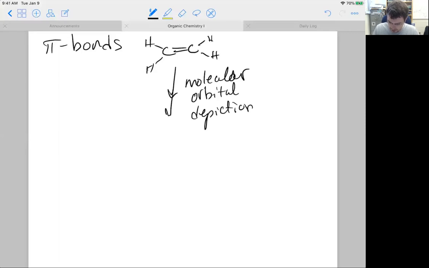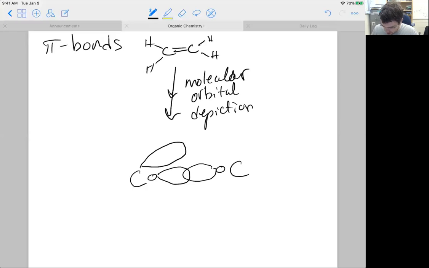So a molecular orbital depiction of this is very similar in one respect to the previous drawing. It's very similar in that the two carbon atoms are still connected by way of one sigma bond, but also one pi bond, and that pi bond just gets super awkward to draw.